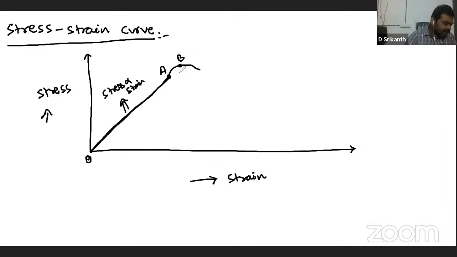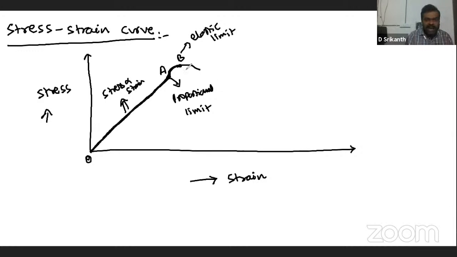You can see the point B. Up to point A, it is the proportional limit, and B is the elastic limit.